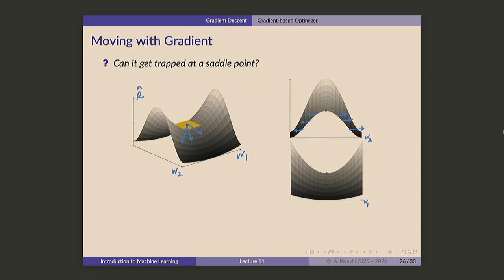But the key point is that in one direction, for example in this two-dimensional case, your surface is maximized. And as long as you get just around that point, since the gradient is telling you to get out of here, it will never remain there. Again, the chance is extremely small, so you can practically ignore it.